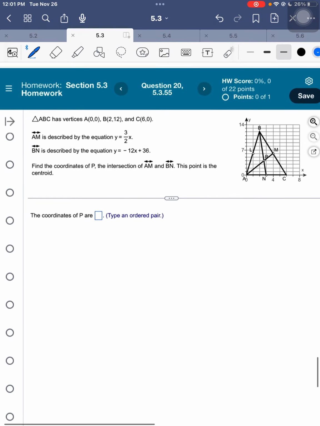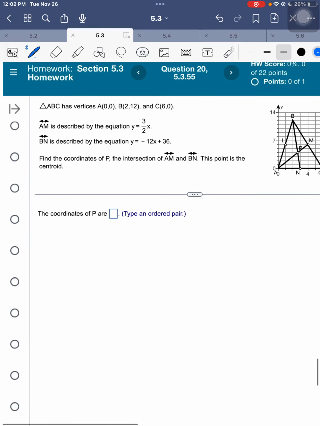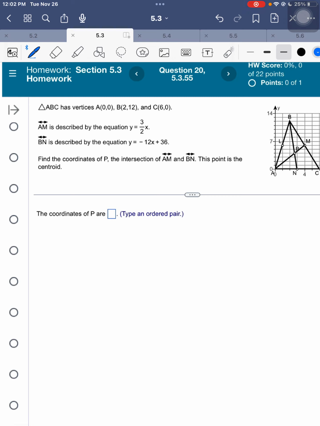Okay, so guys, this is the last one of 5.3. I purposely put this in here because it's really not hard, but because there's so much information, it's gonna trick you. So ABC has all these vertices.